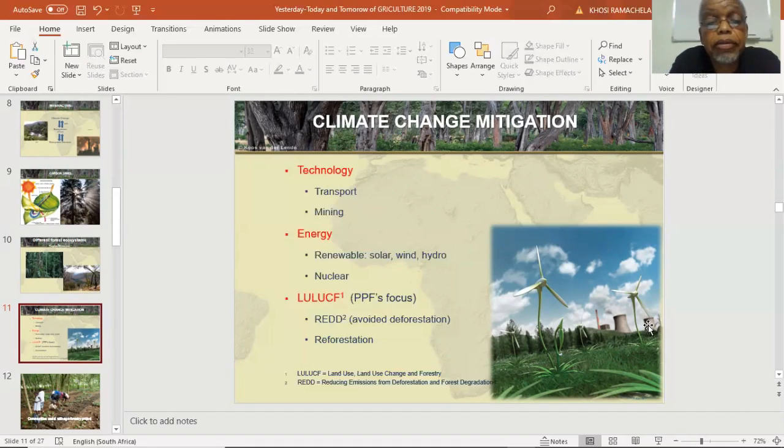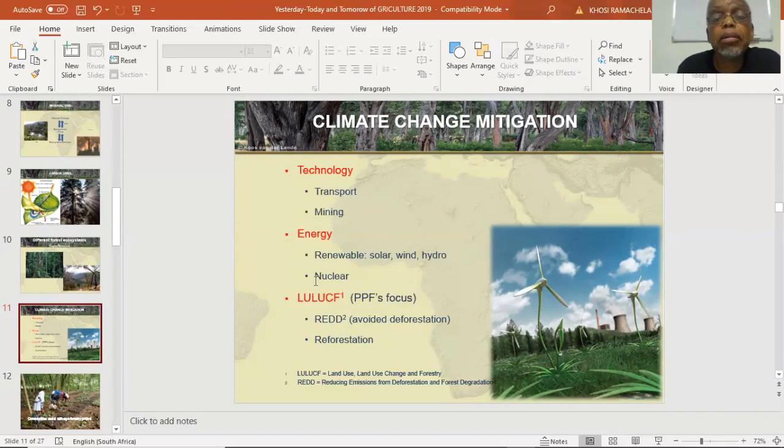And then in terms of improved land use and reduced change in forestry, in short, agroforestry systems, which will result in reduced emissions from forest degradation and deforestation. Then we can look at doing reforestation.